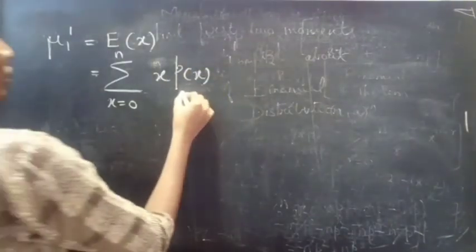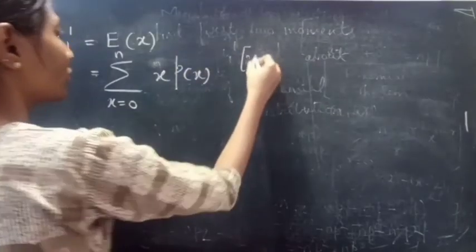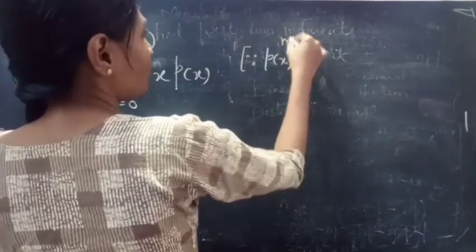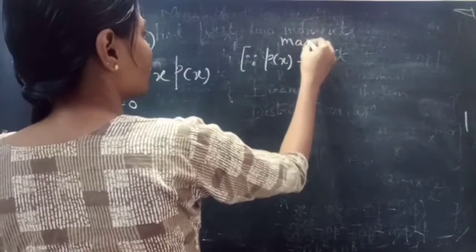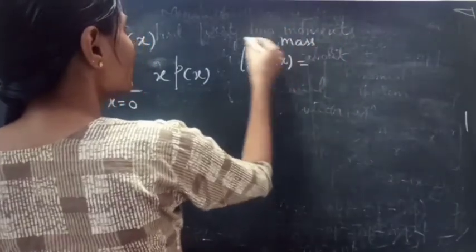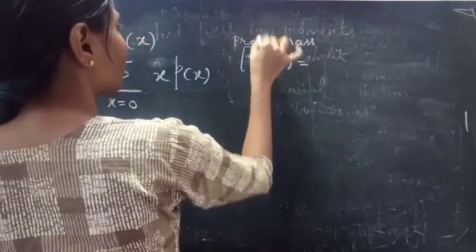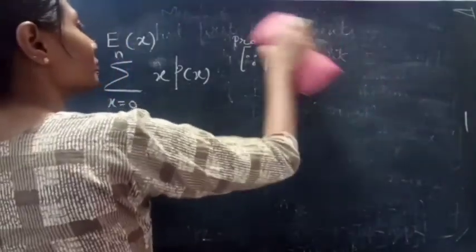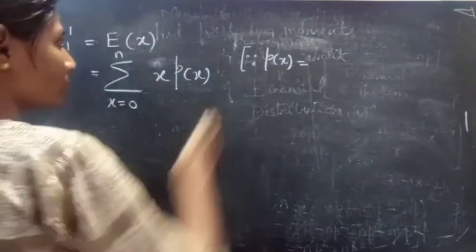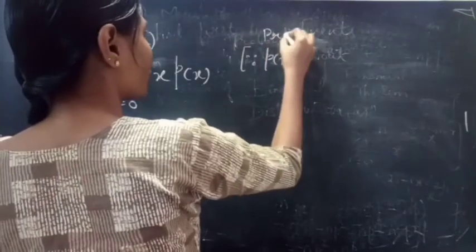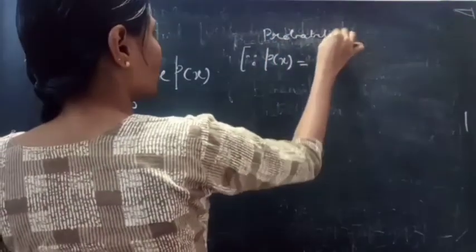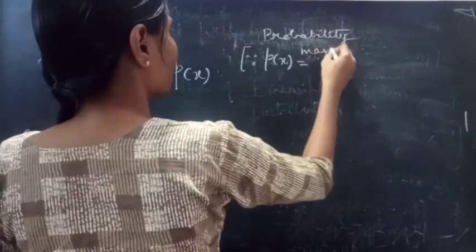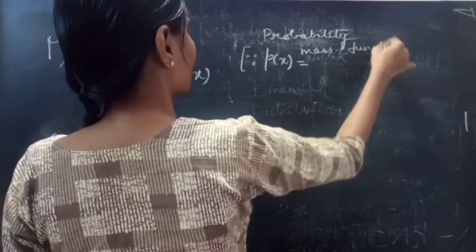Here, p of x is the probability mass function.